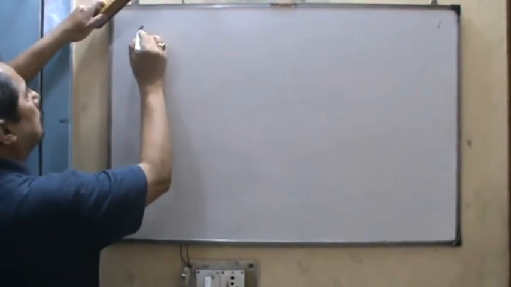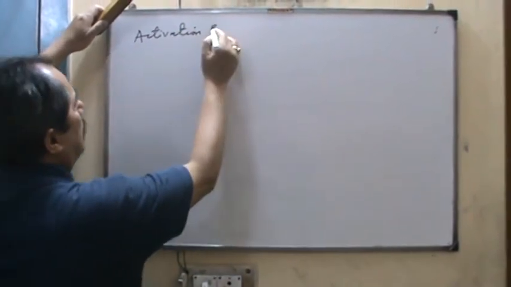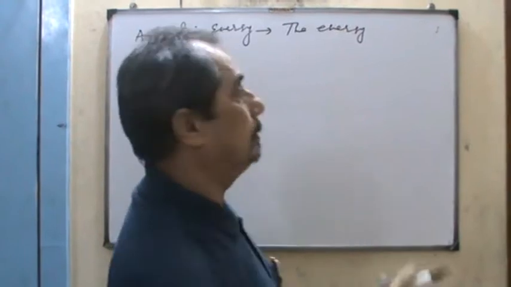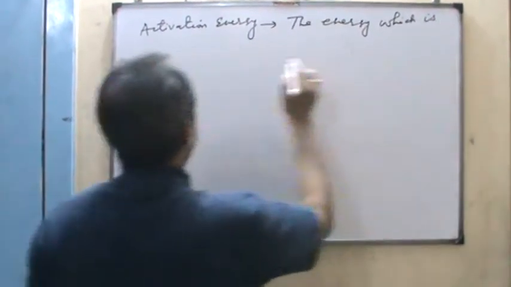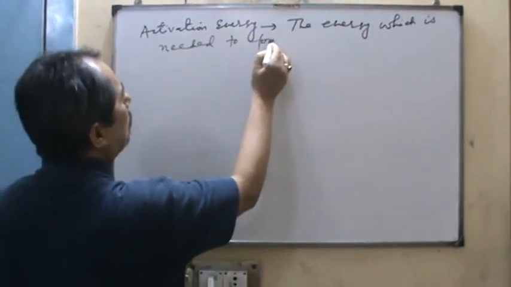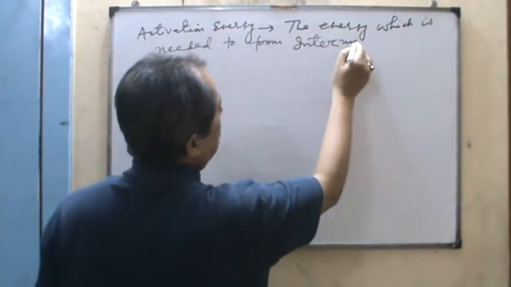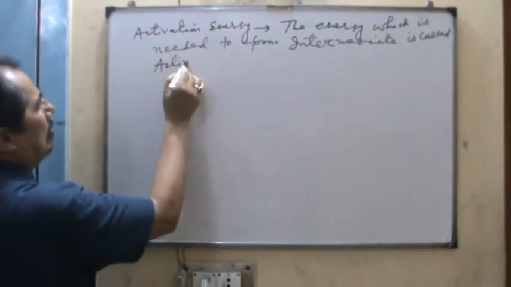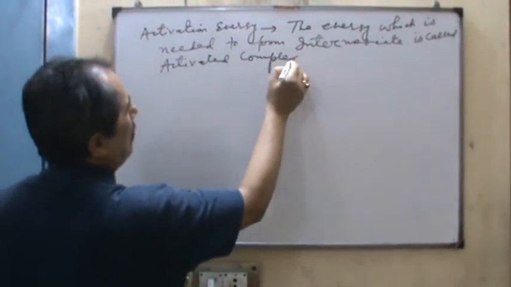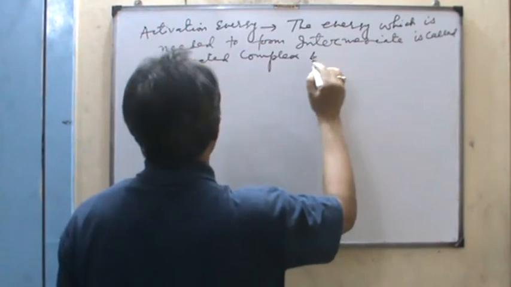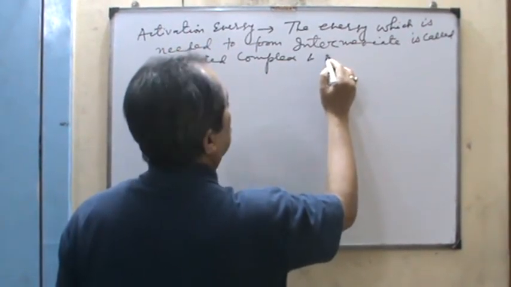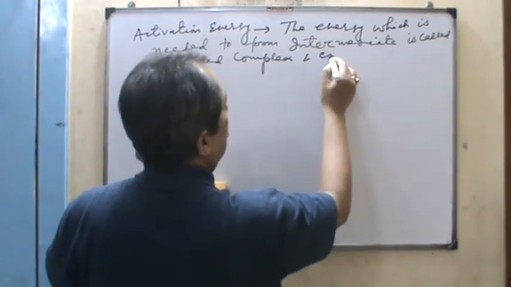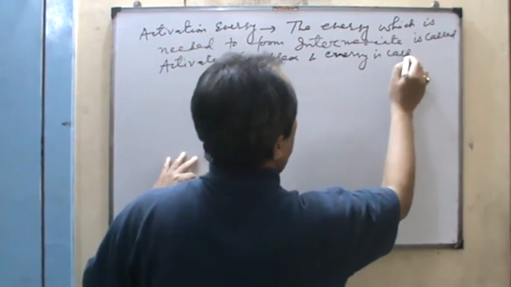Write down activation energy: the energy which is needed to form the intermediate, called the activated complex or transition complex, and the process and the energy is called activation energy.